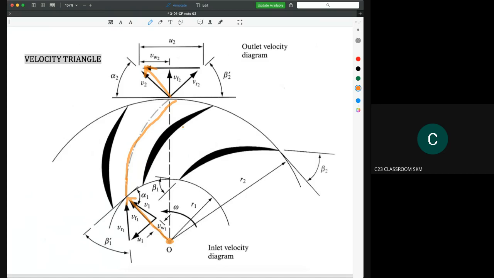When water travels from this point to this point, there is an energy transfer. The kinetic energy from the blades here will be transferred into the fluid flow here. That's why it is important to make sure that water flows from inlet point to outlet point here, because in this area the energy is being transferred from blade to water.